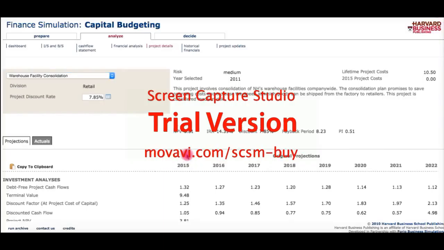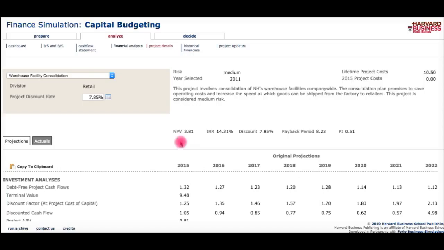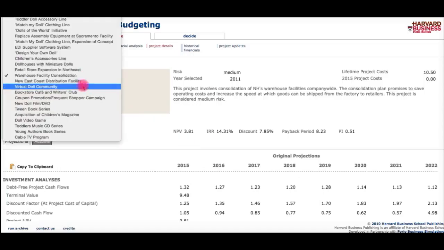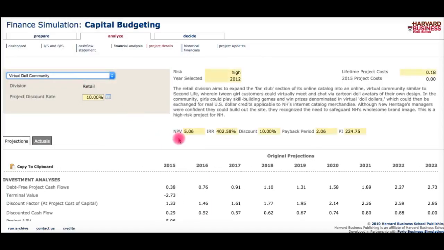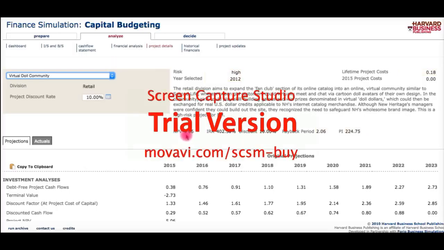There are also a couple other things that you would want to look at before you make your final decisions about which projects to invest in and which ones not. You're going to want to take a look at the NPVs, because I know I said that you want a high NPV, but sometimes the NPV might not be very high, yet it is fairly high in comparison to how much you spent on the project.